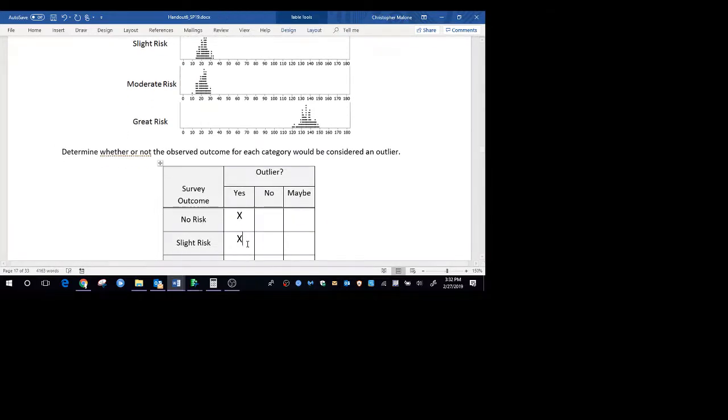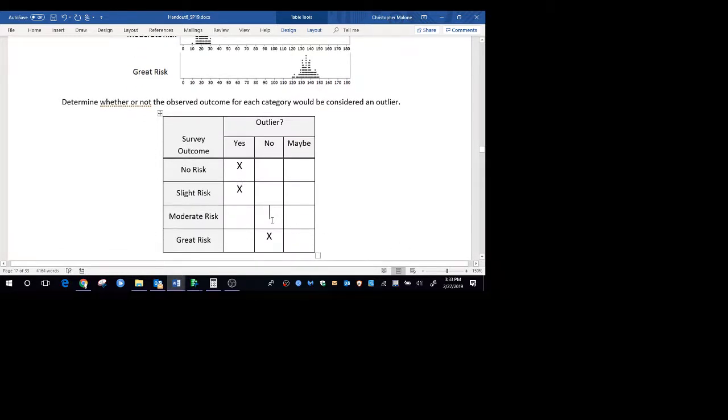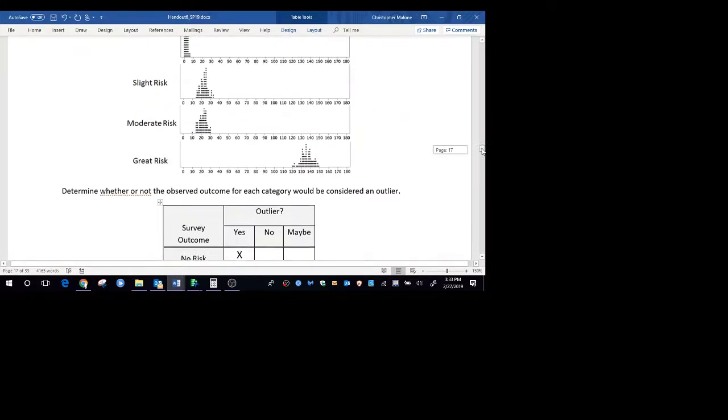So that'll have an X there. How about moderate risk? I think the observed outcome for moderate was at 20. 20 is right in the middle of that pyramid, so that's not going to be an outlier. And then great risk here was at 143, I think it was, if I go back up and check.